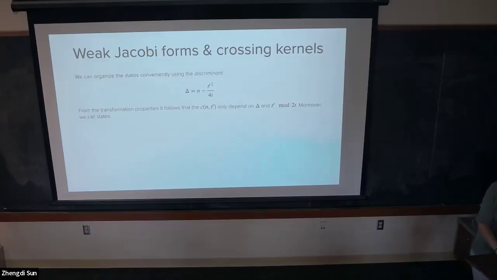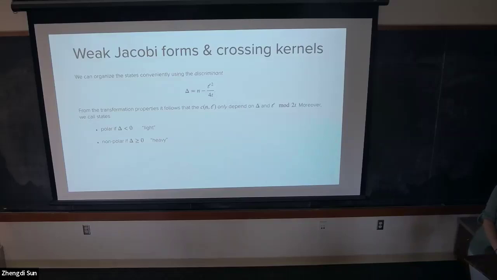Moreover, the discriminant allows us to organize the states according to its value, and we will call states polar if the discriminant is negative. You can think of these as light states of the theory, whereas non-negative discriminant states are called nonpolar or heavy. Very good.